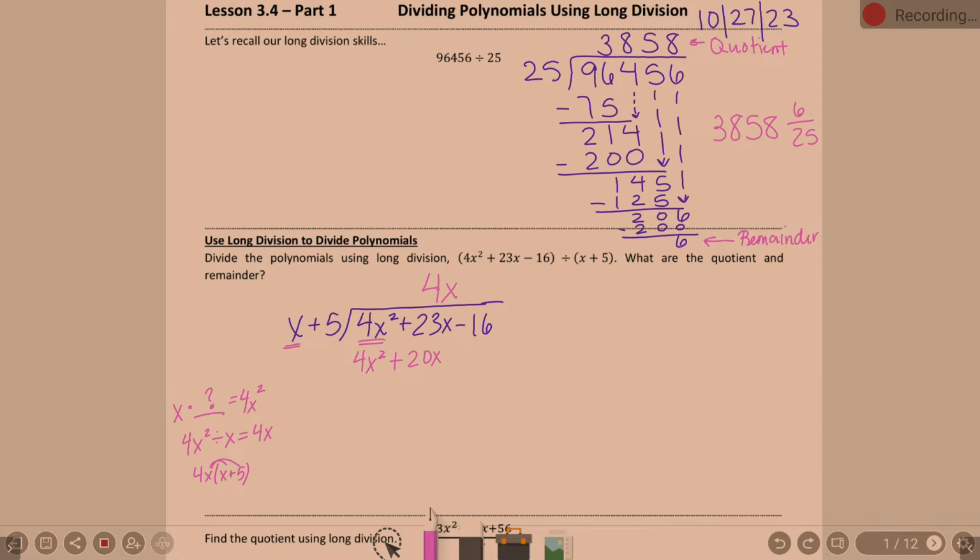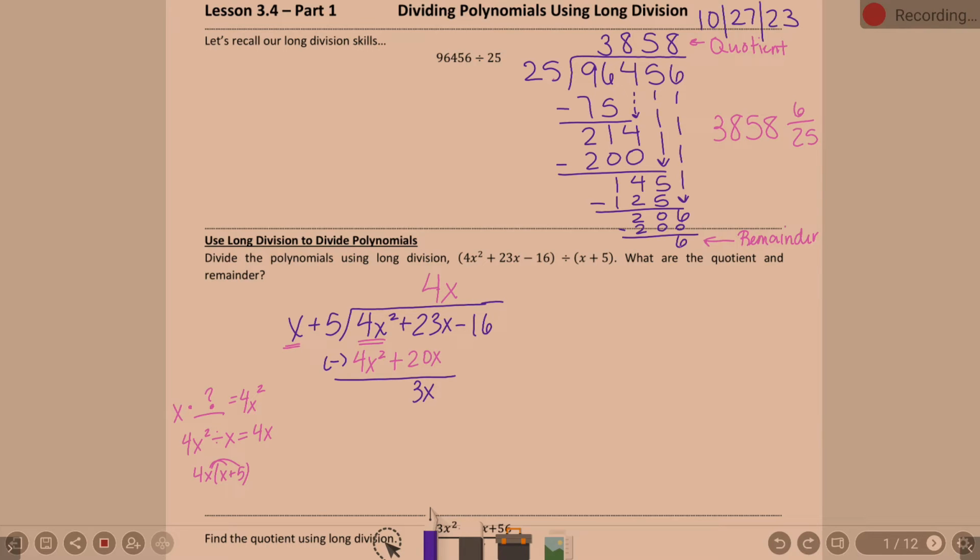And now I'm ready to subtract. 4x squared minus 4x squared cancels. It should always cancel if you've done this correctly. That's the whole design. 23x minus 20x is 3x. Okay? We've done our subtraction.